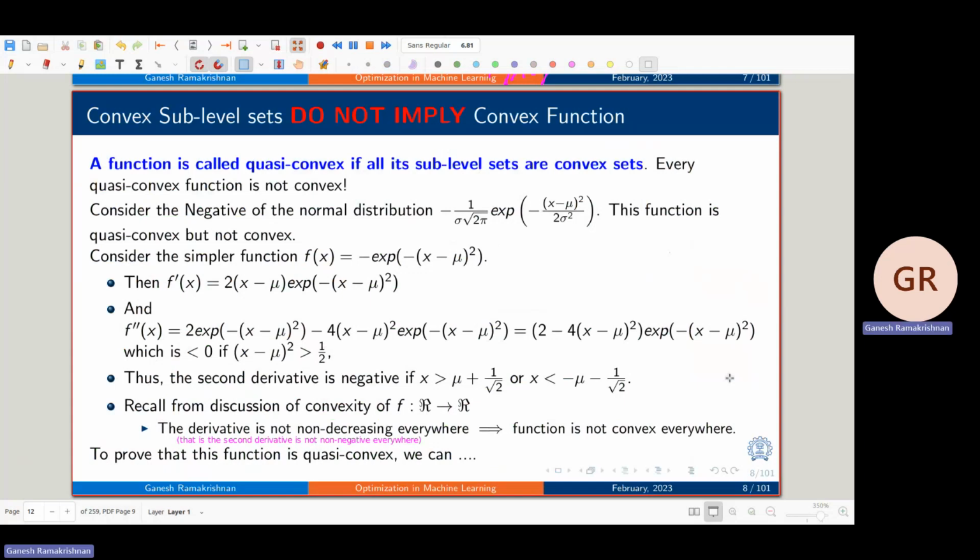So convex implies quasi-convex. In one sense, this is your space of quasi-convex functions. Sorry, I should show a bigger one.